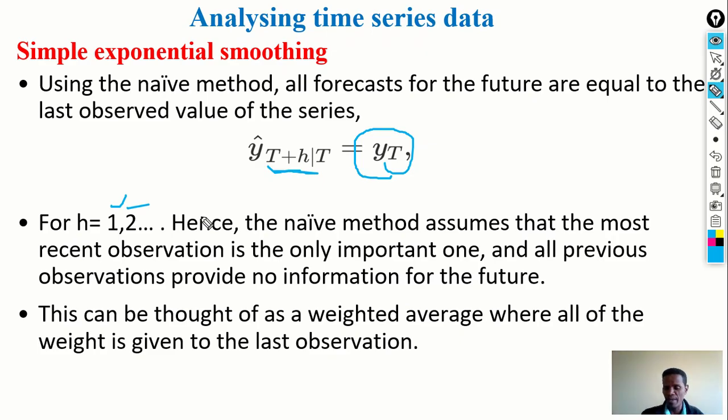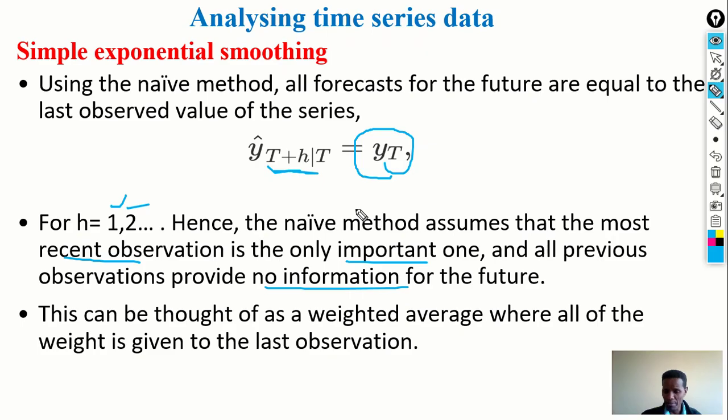Hence the naive method assumes that the most recent observation is the only important one, and all previous observations provide no information for future forecasting. As per the naive method, only the last observation provides information for forecasting the future outcome, and all previous observations will not provide any information.